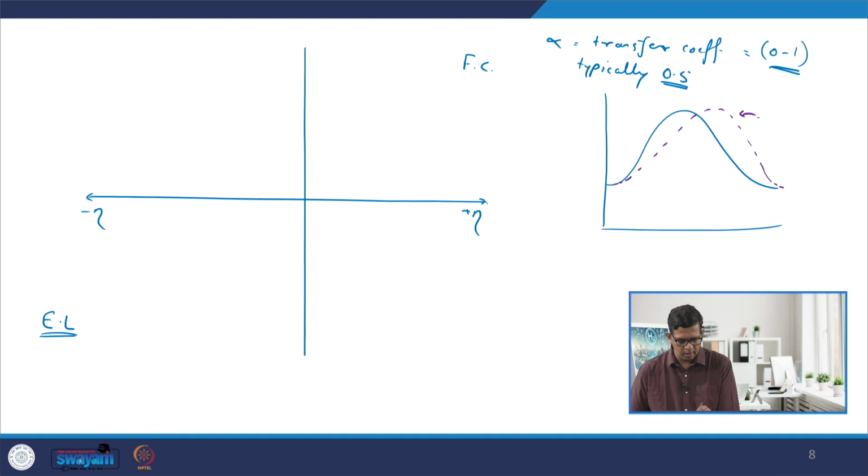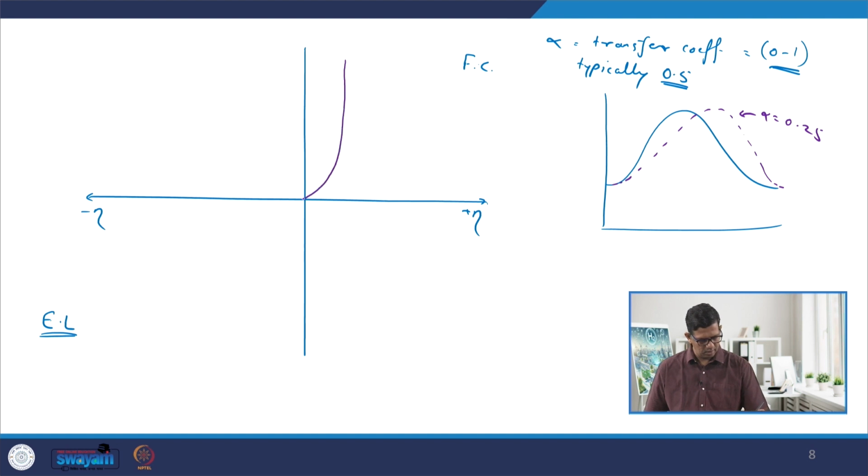This is my alpha equals 0.25. Again, it has to pass through the center of the axis.